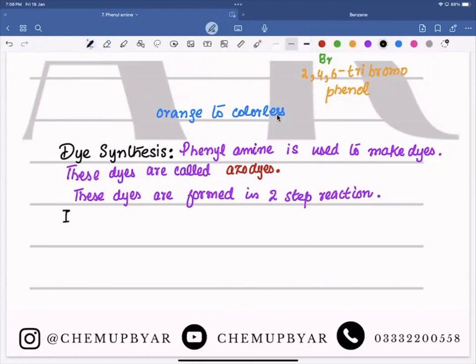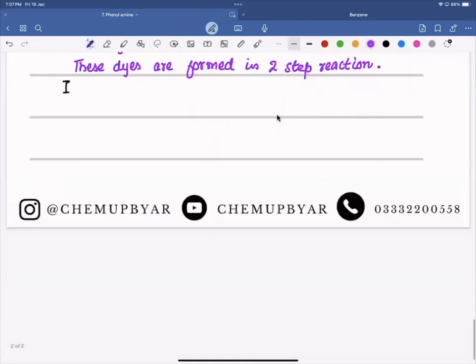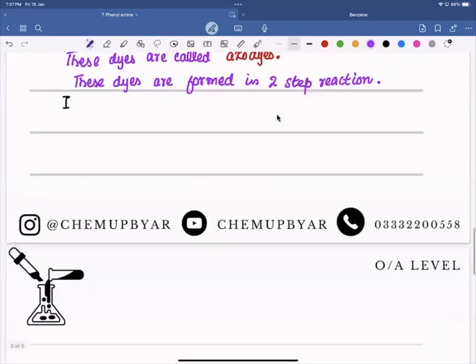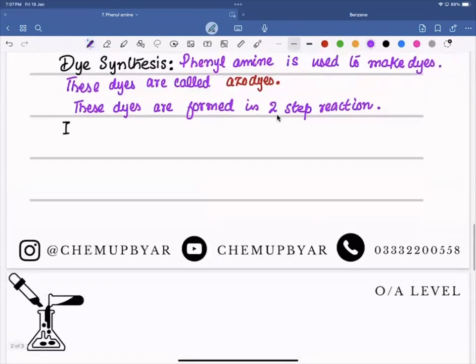The first one is what we did in the preparation of phenol as well. We allowed phenylamine to react with nitrous acid.